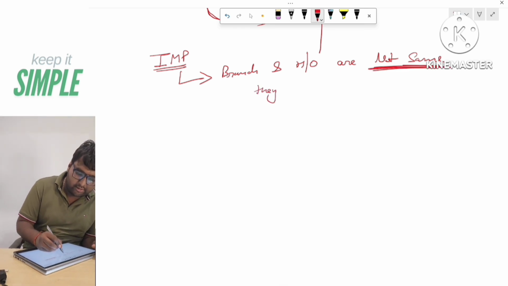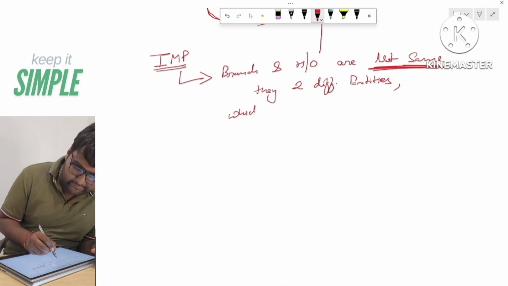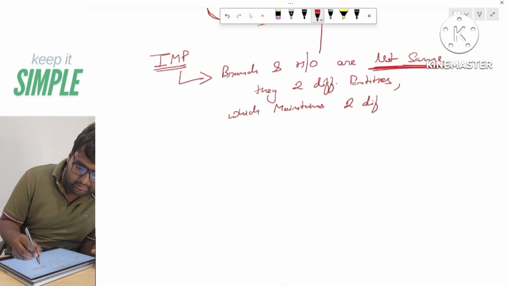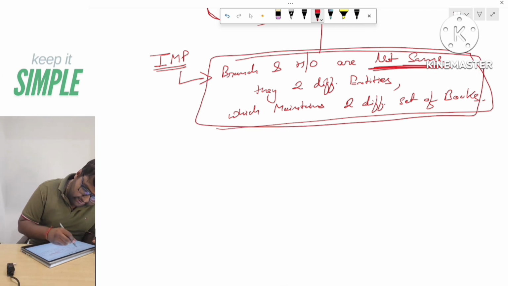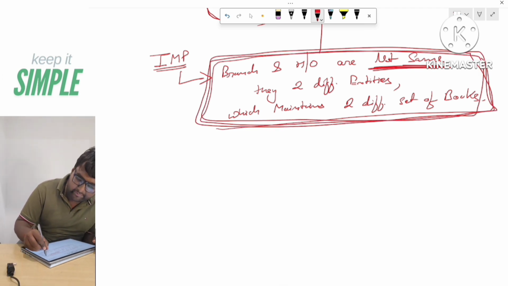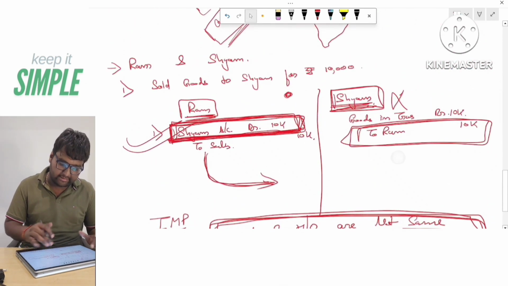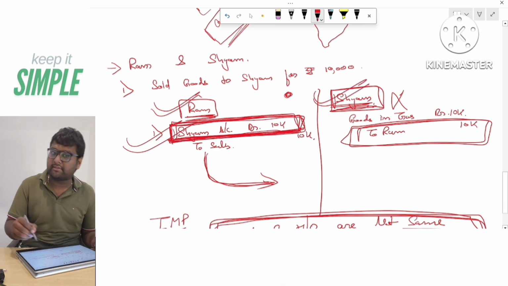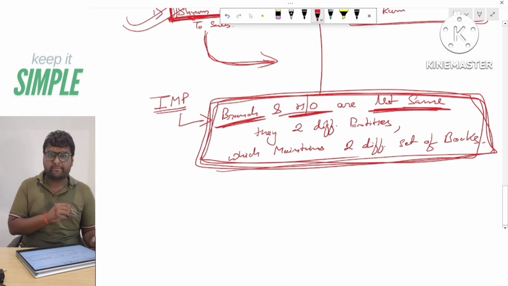They are two different entities which maintain two different sets of books. Okay, we should never forget this rule. We should always remember that the branch and head office are two different persons. Like in this case, Ram and Shyam are two different persons. In the same way, a branch is different from head office.